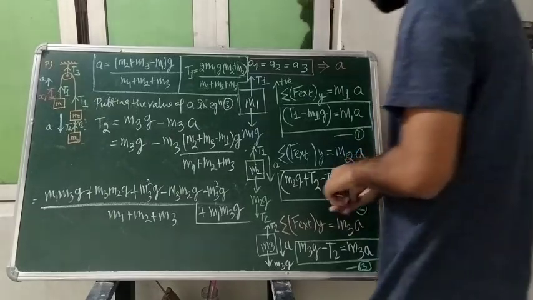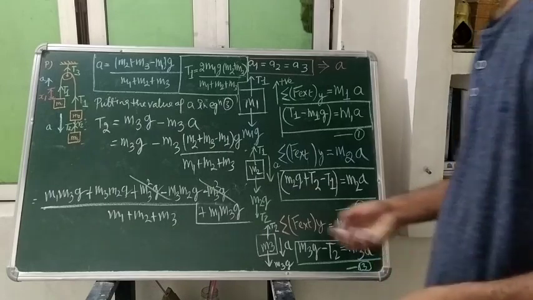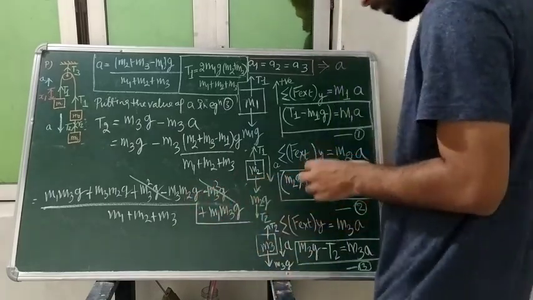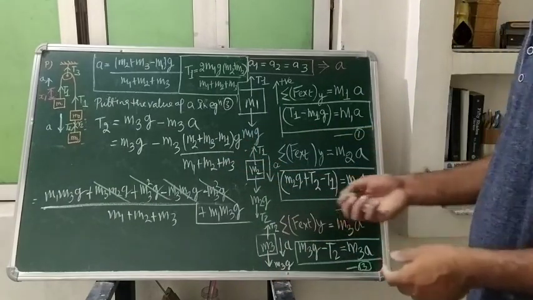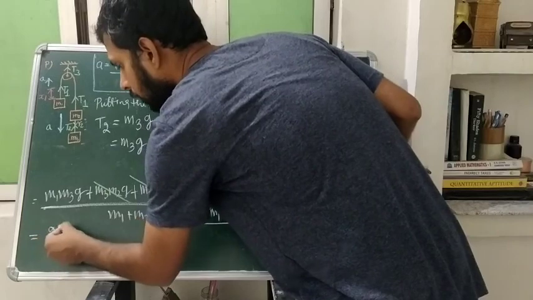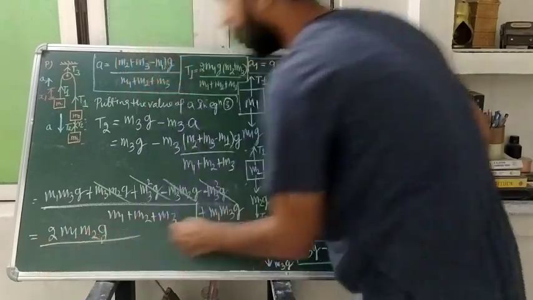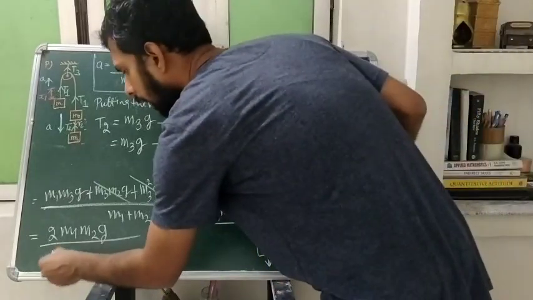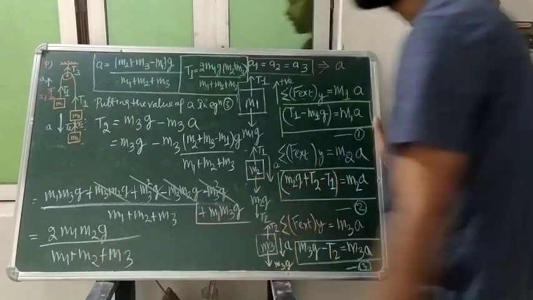Getting? And this will get cancelled out, and m3 m2 g will get cancelled out. Plus minus, and you will get what, student? Twice of m1 m3 g divided by m1 plus m2 plus m3 here.